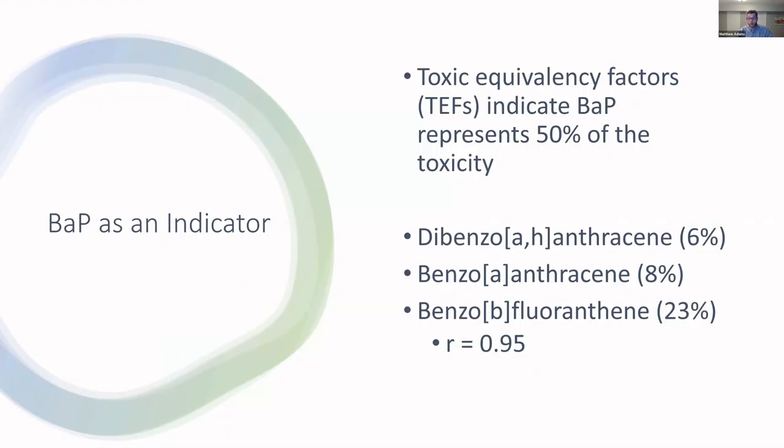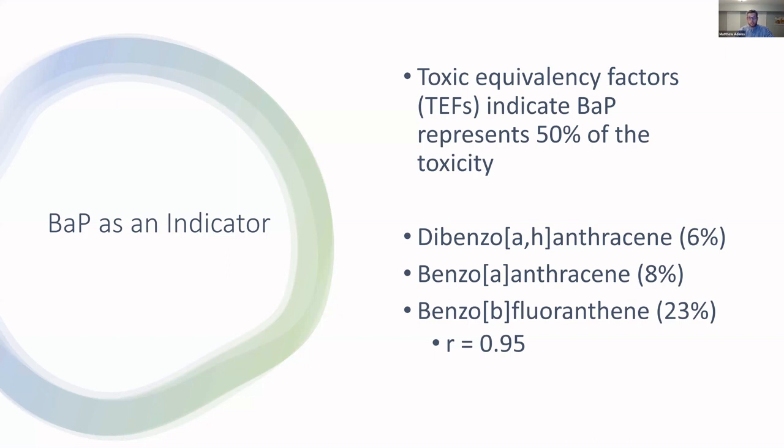So benzo[a]pyrene is used as the indicator of PAH risk, really, within the Ontario context. It's the one with an air quality criteria from Ontario. And so we wanted to make sure, is this a representative pollutant for the mix of pollution in Hamilton?